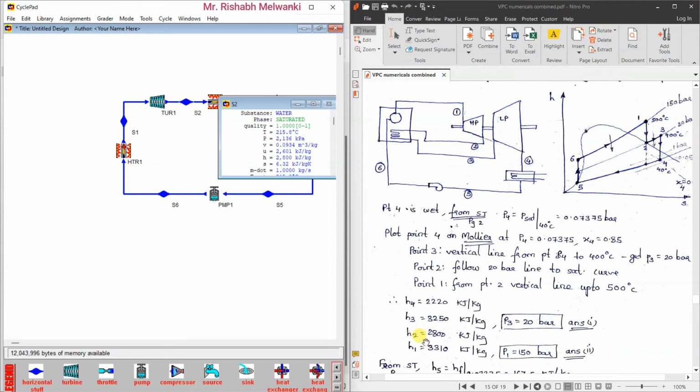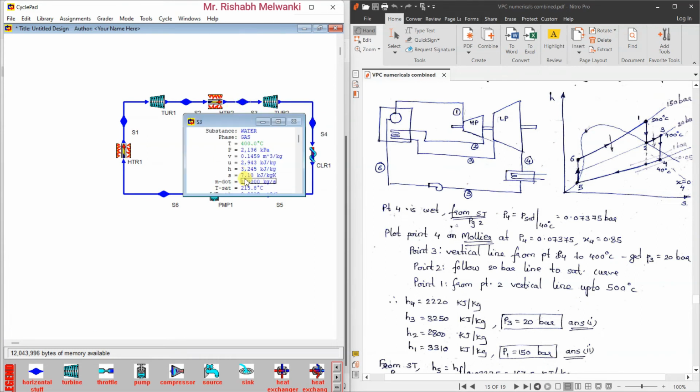Here also we got the same value, H2 2800 kilojoule per kg. So H2 value is matching as it is. Then H3 value is 3245 kilojoule per kg. Here we have 3250 kilojoule per kg. So here you can see we have an error of 5 kilojoule per kg using the manual method.